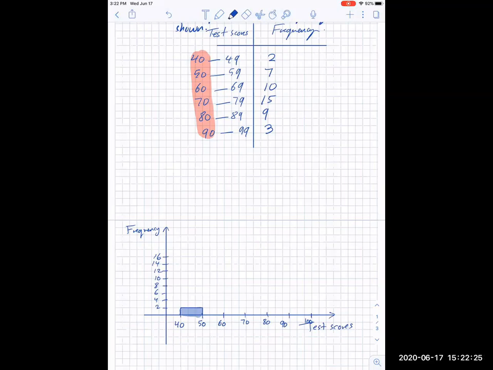That's the first one. Second is 7, from 50 to 59. And see how the bars are connected, attached to each other, no gap between them.